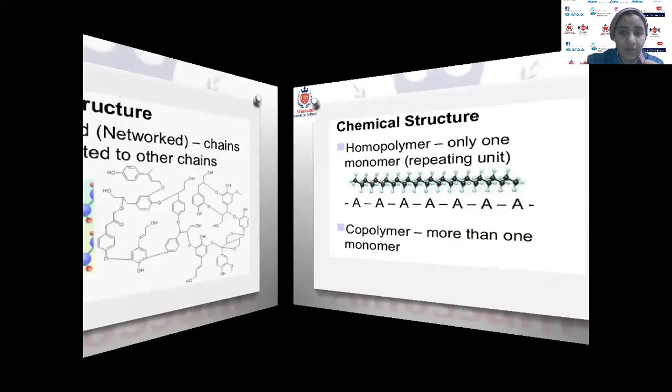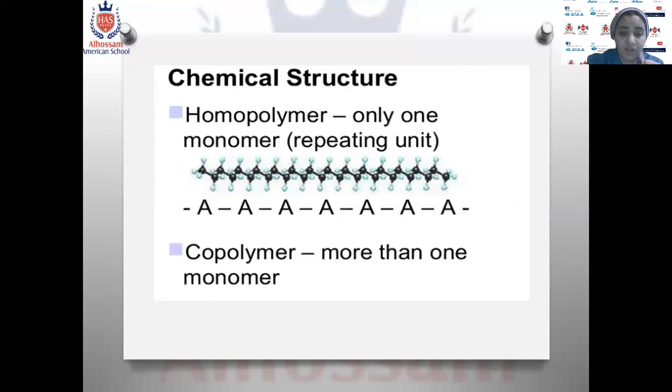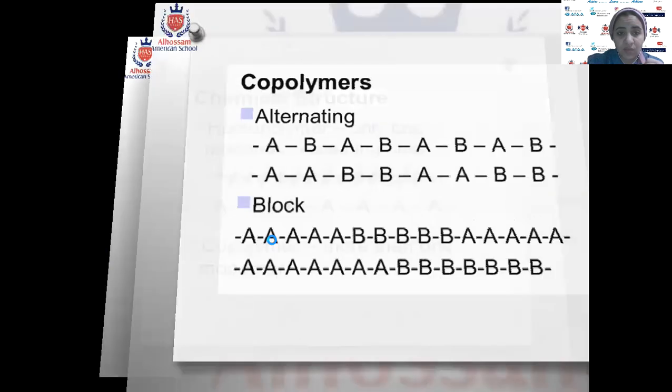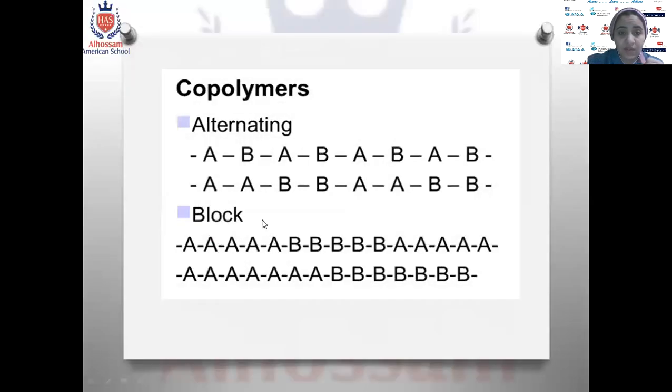And we talked about the chemical structure, homopolymers and copolymers. Homopolymers contain only one type of monomer. Copolymers contain more than one type of monomer, arranged alternating or in blocks.